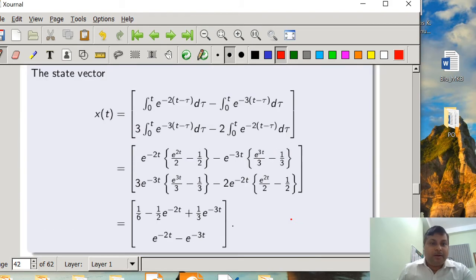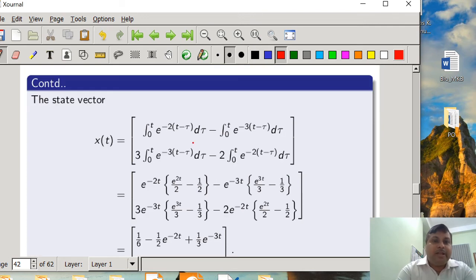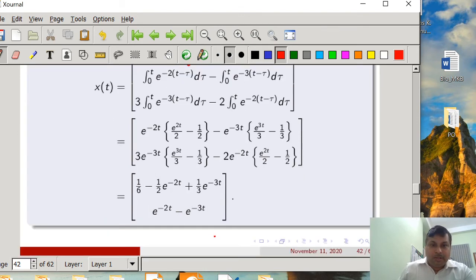One important thing I want to mention is that we are integrating with respect to d tau, so we can break this and treat e to the power 2t as a constant. So we only have to perform the integration from 0 to t of e to the power plus 2 tau d tau, and that has been done. We put in the limits 0 and t, and then we got the two components of x(t).